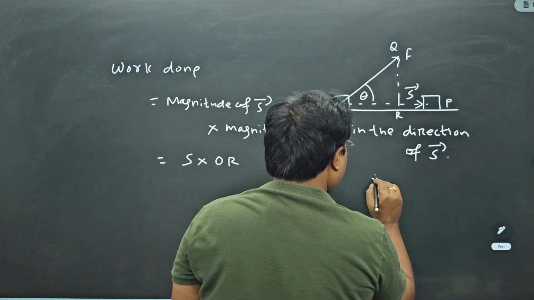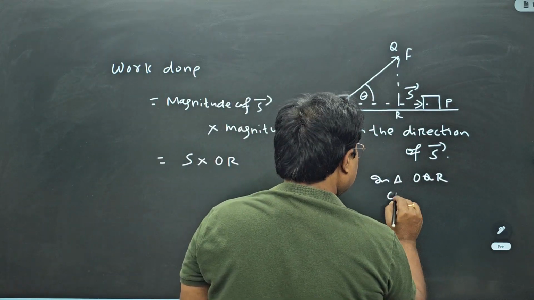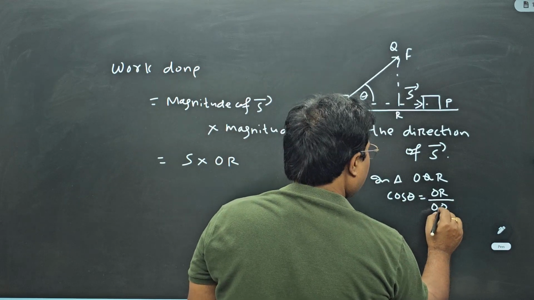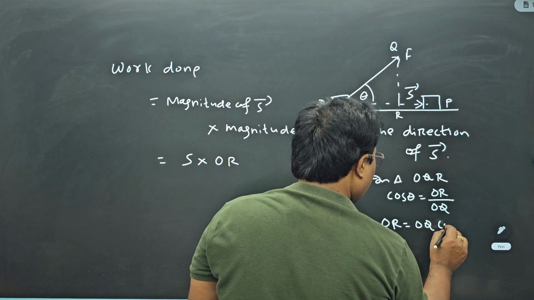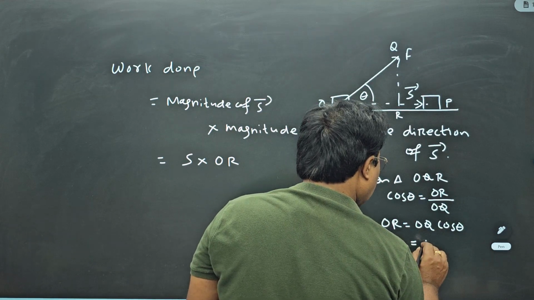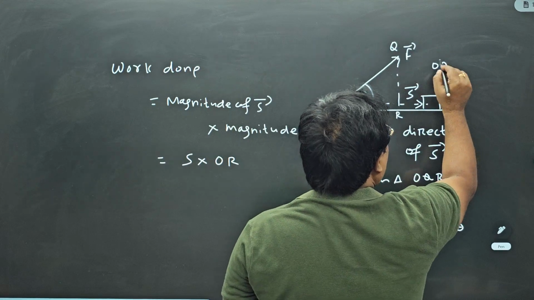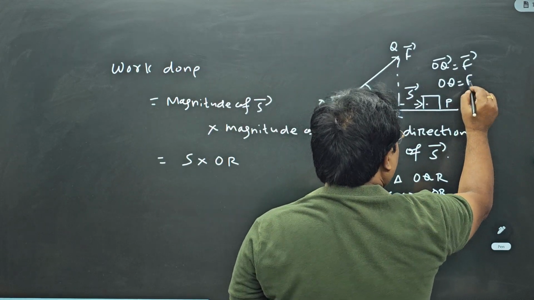You see in triangle OQR, what is cos theta? Cos theta is equal to OR by OQ. OR is equal to OQ cos theta. What is the magnitude of OQ? That is equal to the magnitude of force, because here OQ vector is equal to F vector. So the magnitude of OQ is only the magnitude of F.